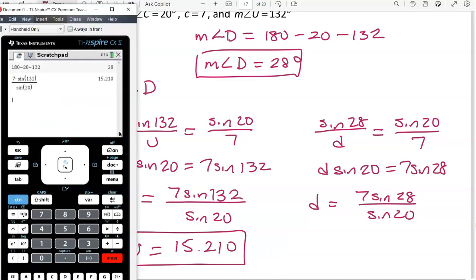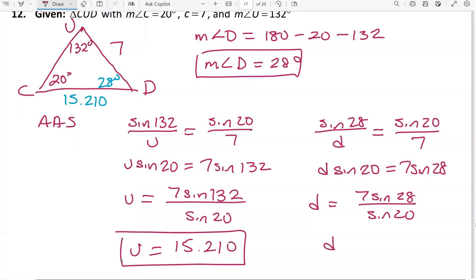That's our exact form answer. And we can use the previous calculation to help with the entry here and just delete that 132 degree angle and replace it with 28. That will give us 9.609. I'll go ahead and insert that in the diagram.